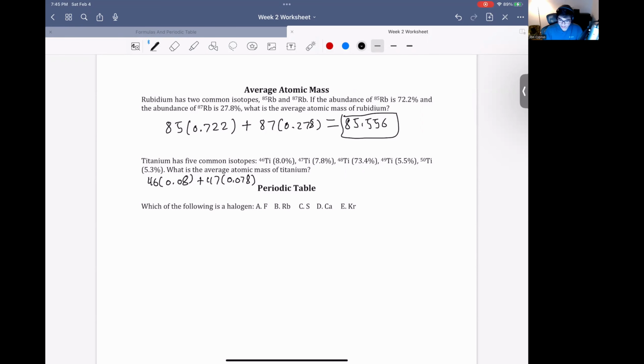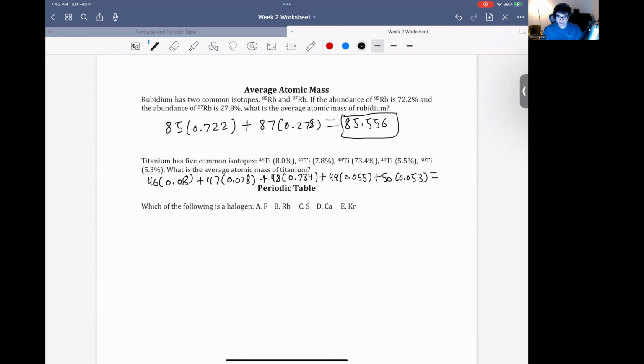Then we're going to keep going here. So this is 47, 48 times 0.734 plus 49 times 0.055 plus 50 times 0.053. And then you're just going to add these all up.